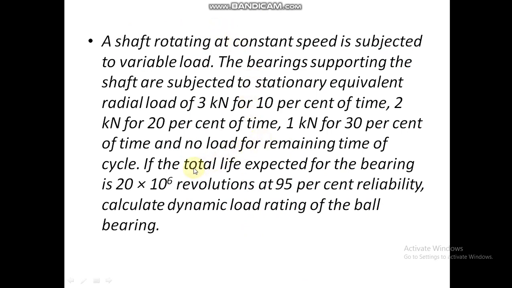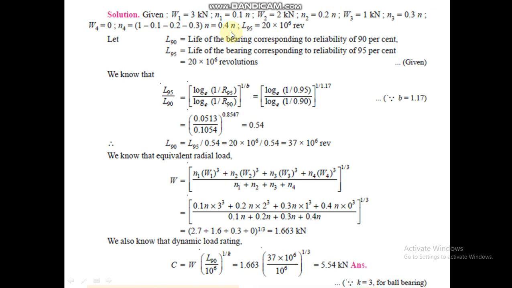Another thing given to us is total life expected for the bearing is 20 into 10 raised to power 6 revolutions at 95% reliability. So L95 is 20 into 10 raised to power 6 revolutions. Let L90 be the life of the bearing corresponding to reliability of 90%.